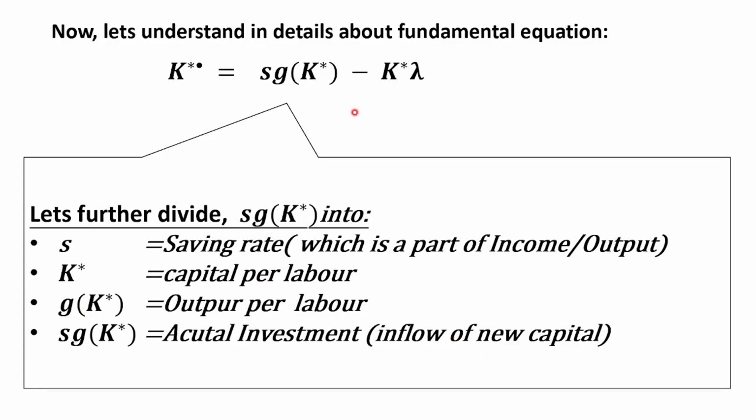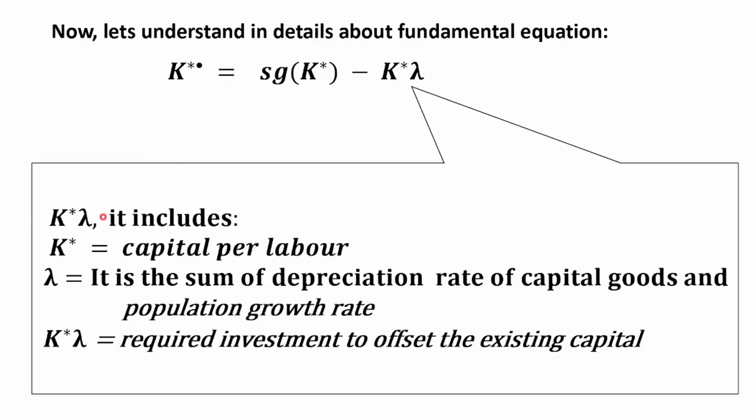Now the last component of this equation: k asterisk means capital per labor, and lambda is the sum of the depreciation rate of capital goods and the population growth rate. So lambda includes not only the population growth rate but also the depreciation rate of capital goods. When we multiply k asterisk times lambda, we get the required investment to offset the existing capital.